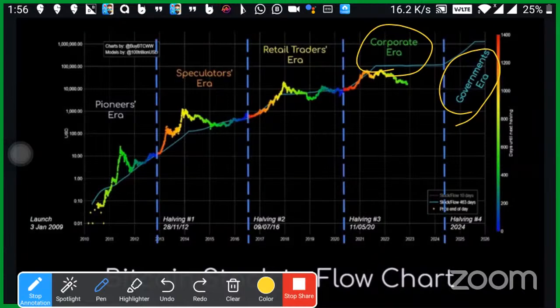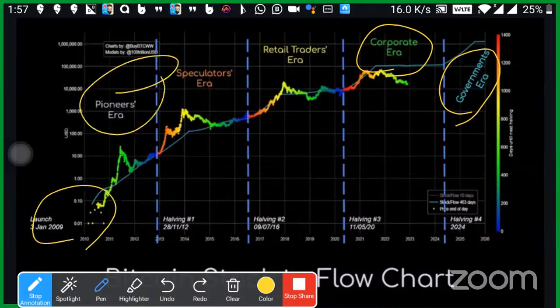The luckiest people, the most profitable human beings on this earth, were those who invested in Bitcoin 10 years ago, or maybe 14 years ago. If someone invested in Bitcoin in this era and is still holding it, he is going to be the wealthiest person in the world.